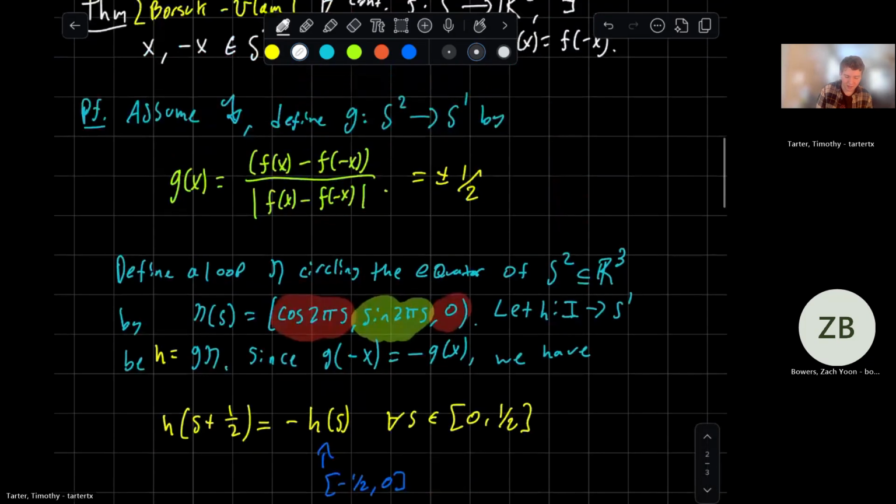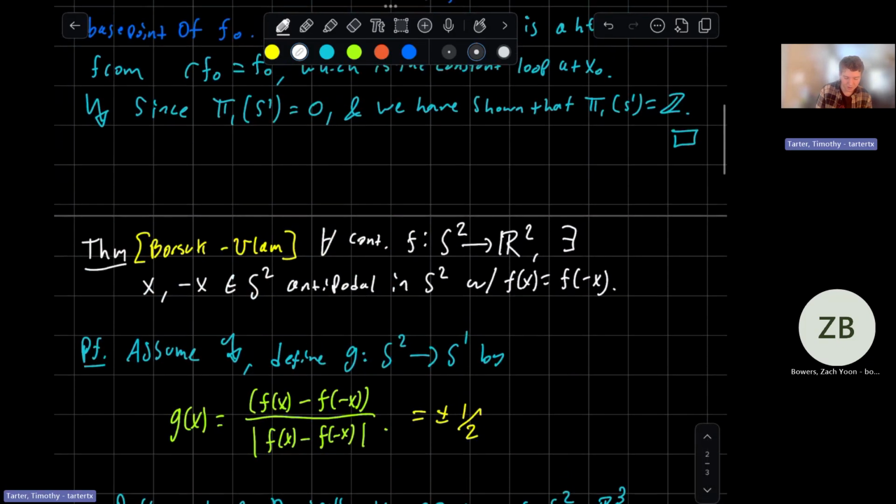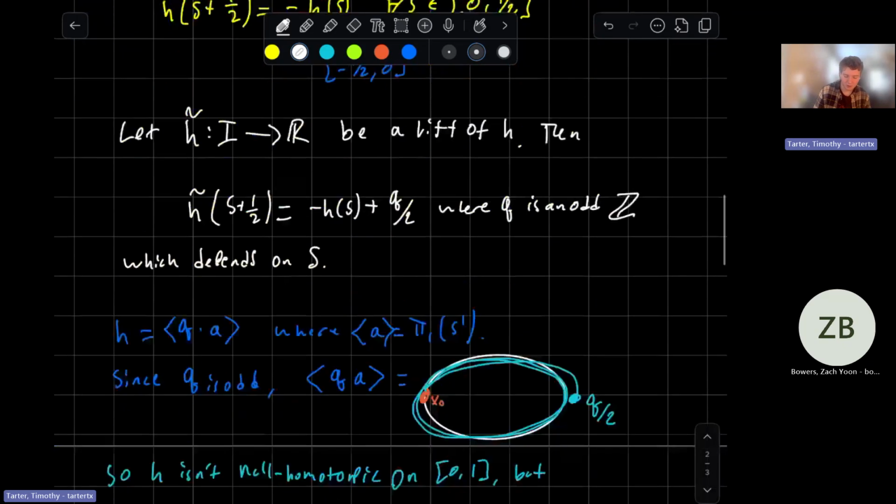So, in any case, the point of Borsuk-Ulam is that continuous maps from the 2-sphere to R2 have antipodal points that encode the same information.